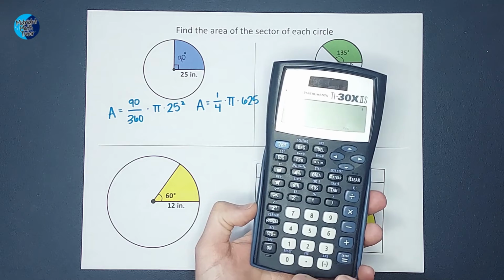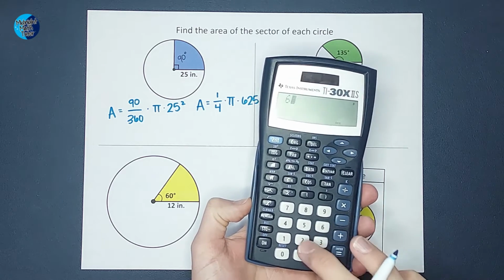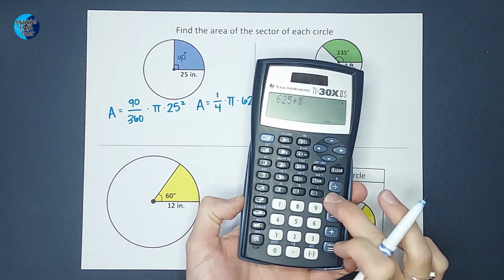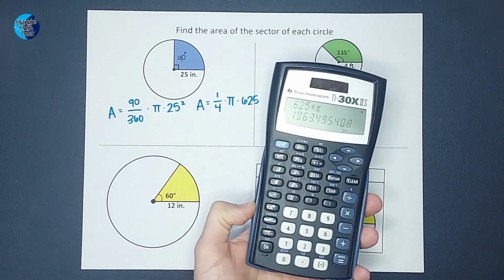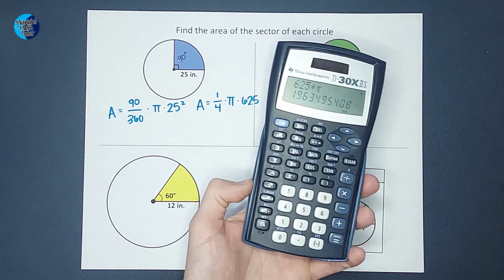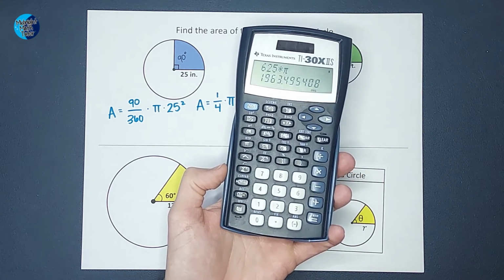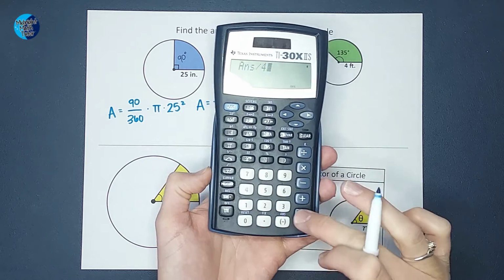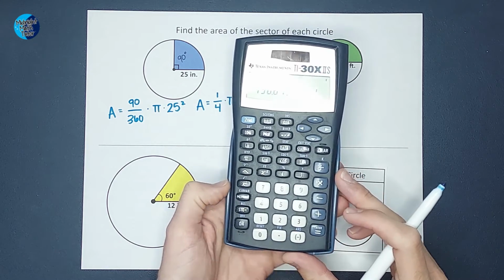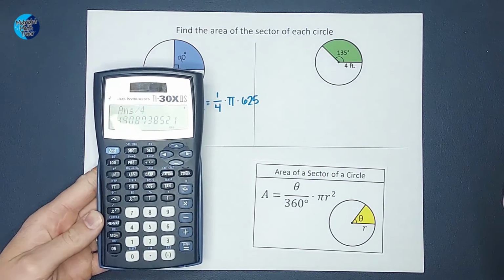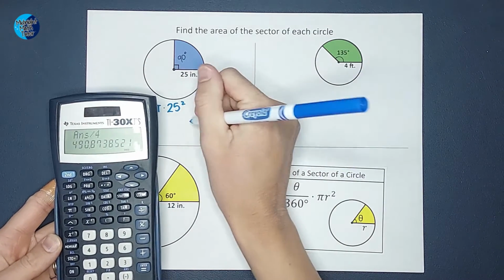So I am going to do 625 times pi equals, and then we're going to multiply by 1/4, which is the same as dividing by 4. So I'm going to take that and divide by 4. And I get 490.8738521. I'm going to round it to 2 decimal places.